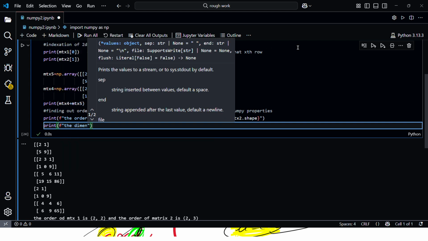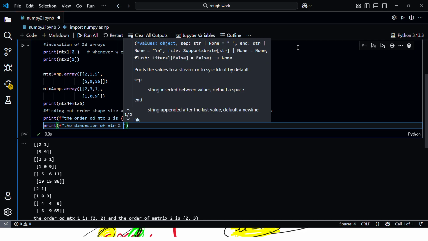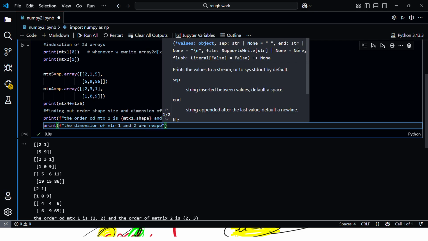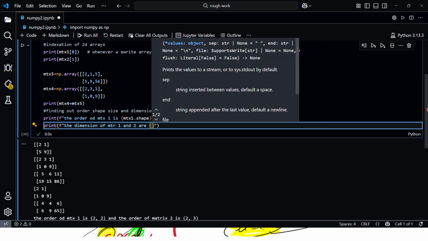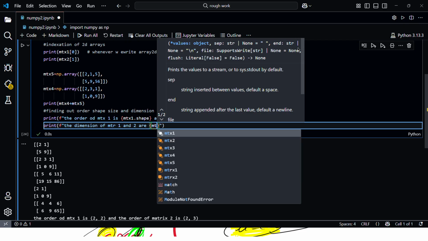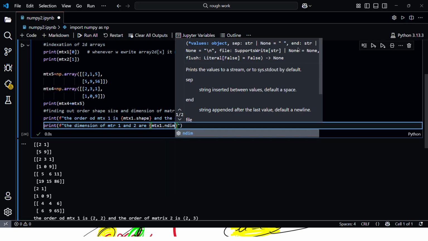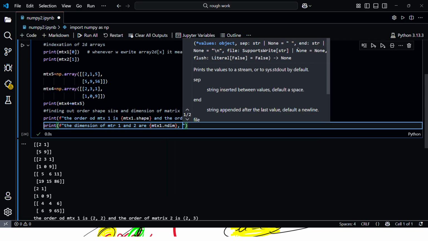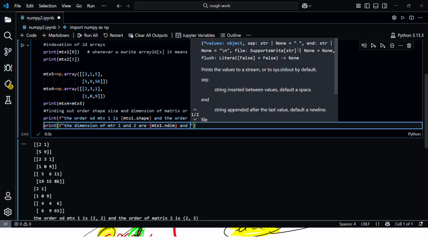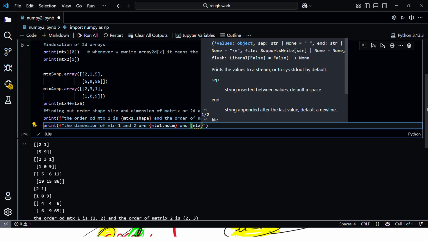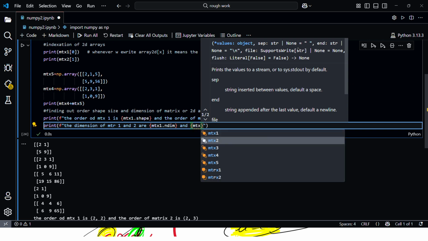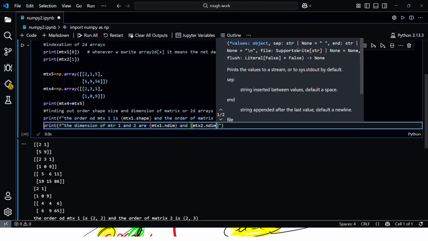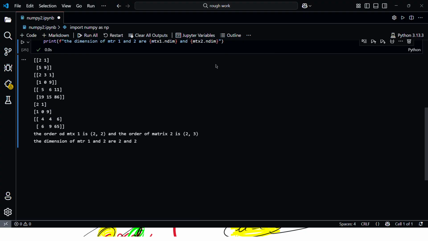Let's find out the dimension of the matrix. The dimension of matrix 1 and matrix 2 respectively are matrix 1 dot ndim and matrix 2 dot ndim.